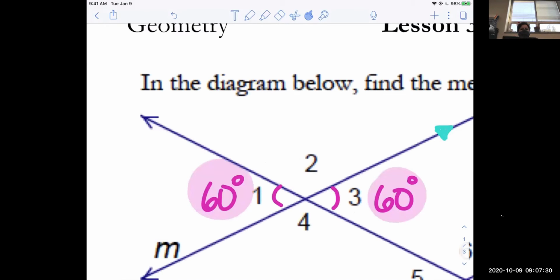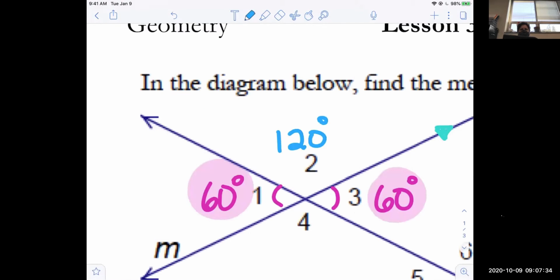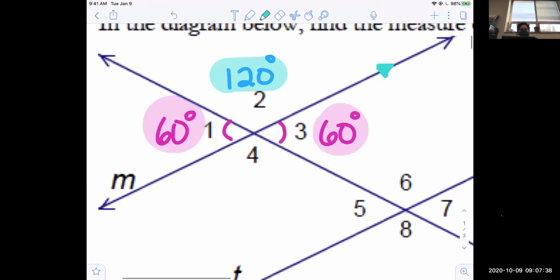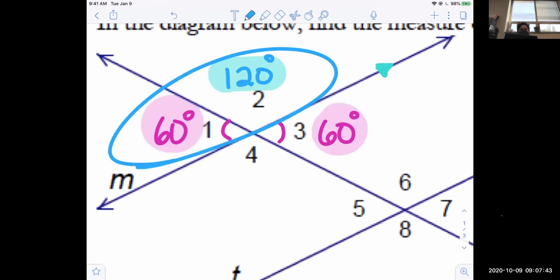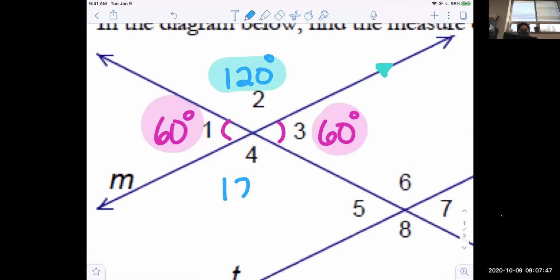Because angle 1 and angle 2 are a linear pair, 2 would be 120, and 2 and 4 are vertical. Good. So we have 2 as a linear pair with angle 1 and also with angle 3, so they have to be supplementary. And then you can do the same thing with angle 4, or you can just say angle 4 is going to be congruent to 120 above because vertical angles are congruent.